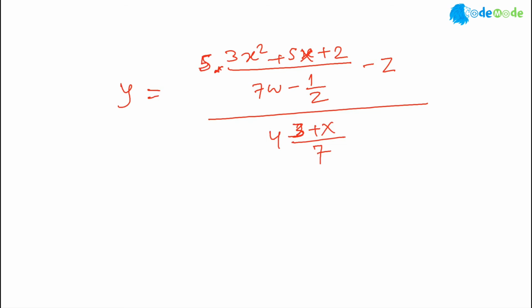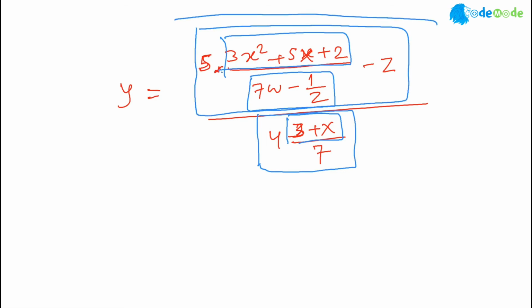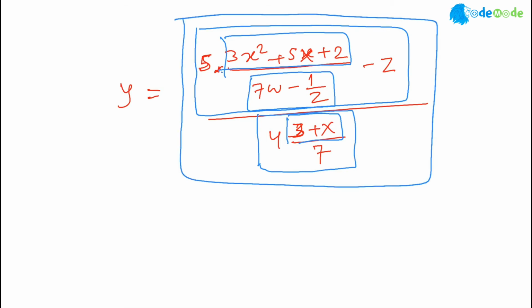So the first piece could be this blue, and then the second piece could be this one. This side I will have maybe the one as this piece, then we'll have the second as this piece, then we'll have this as a whole piece, right? And then the whole thing in a bigger box. It's like a box inside a box.